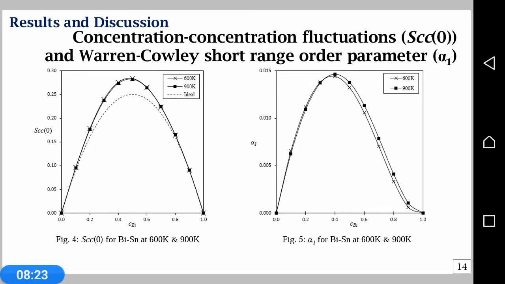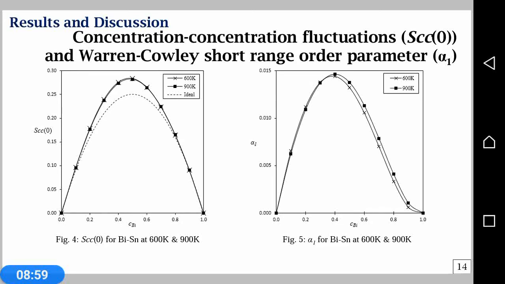During theoretical formalism, I mentioned that alpha 1 ranges from -1 to +1. Therefore, the peak of about plus 0.015 infers slight homocoordination property exists in the bismuth and tin systems. In other words, there is a slight tendency or slight preference for like atoms as nearest neighbors.